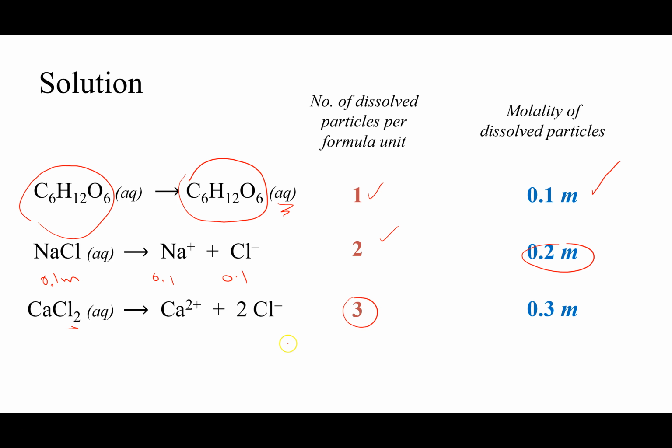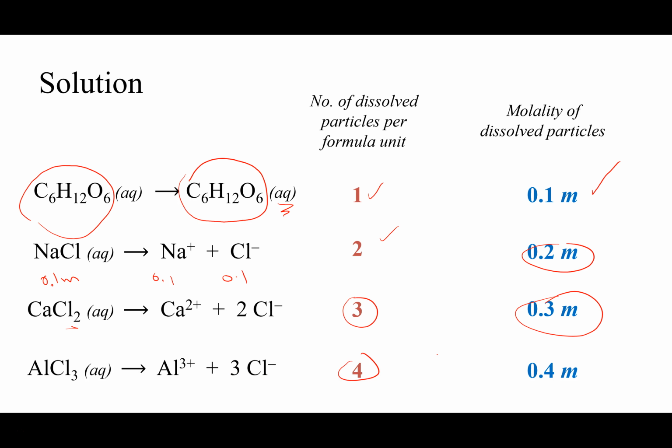So this is why we have 3 particles. Effective molality, 0.3. And this last one gives you 4 particles, 1 aluminum cation and 3 chloride anions, so an effective molality of 0.4. So you would expect this one to have the greatest colligative effect at elevating the boiling point temperature.